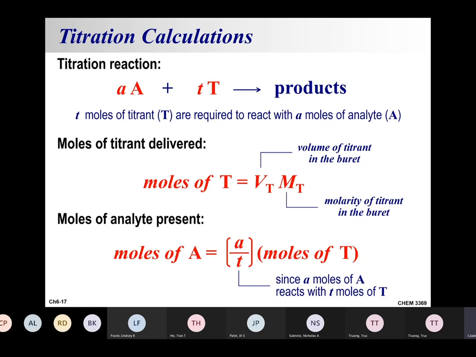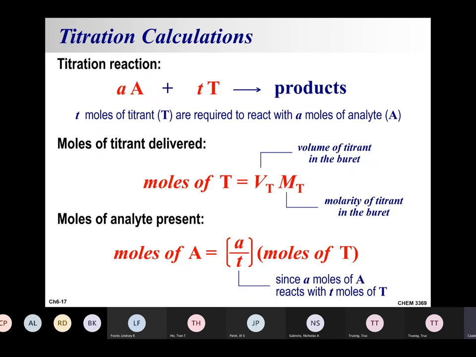Okay, so that means you can quite easily calculate the moles of titrant delivered if you know the volume. And you do know the volume because you're using the burette, right? So you can measure the volume of the titrant. So then the volume times the concentration of the titrant gives you the moles of the titrant.